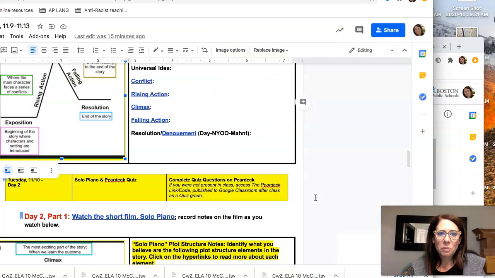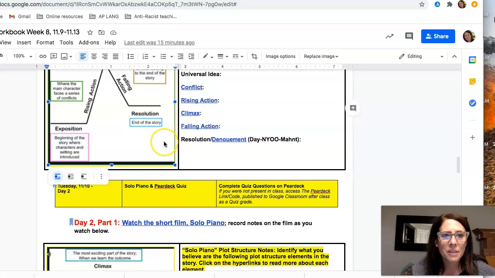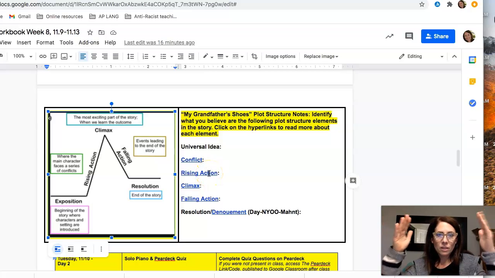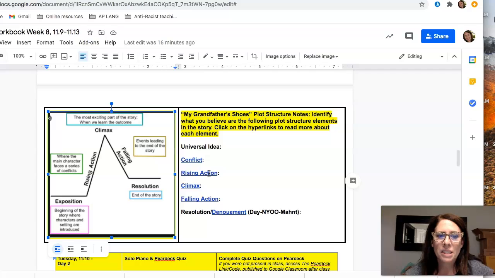All right, so it's very important that you are able to identify all of those pieces of the plot structure, and more than that, right? It's how does the conflict push the action forward? How does the conflict propel the plot, move us towards this climactic point? And is the conflict external?